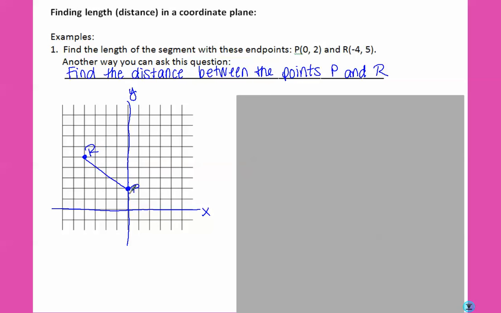Now, most people would think we could just count these boxes, but that's not really how it works because one unit is the side of a box, not the diagonal.